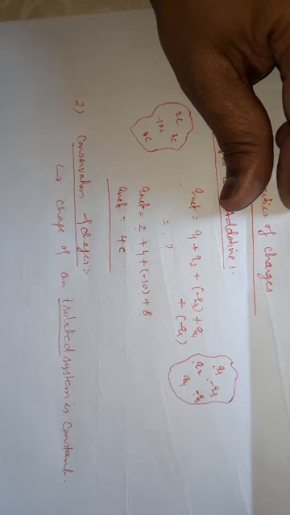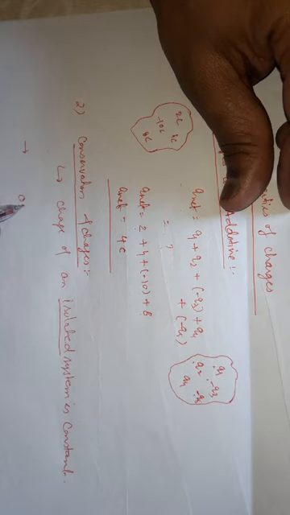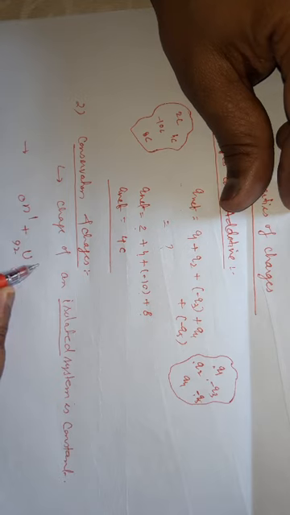The practical applications of conservation of charges are charging by friction, charging by conduction, and some equations which you have studied in the previous classes. So I am going to take one equation, that is the nuclear fission equation: one neutron is directly attached with uranium 92, 235.